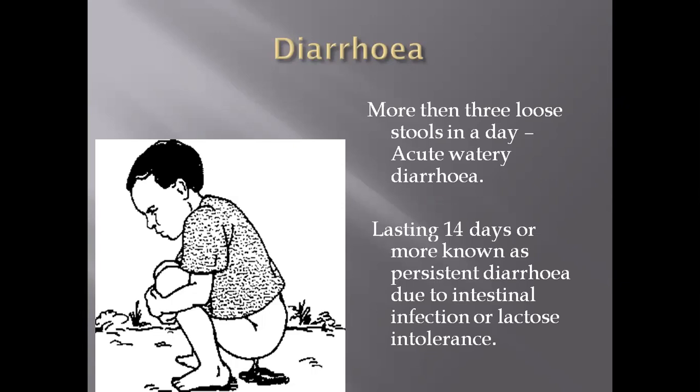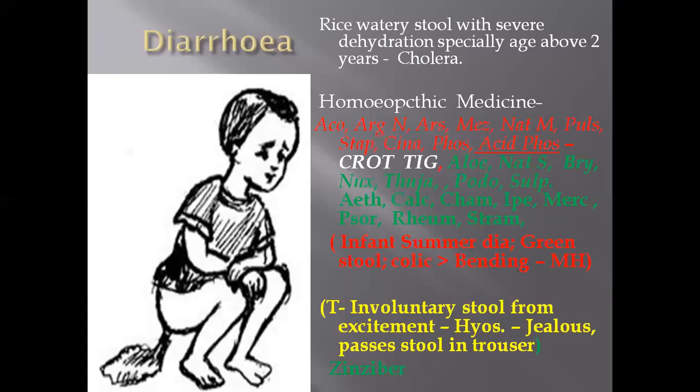If the baby suffers 2-3 stools continuously for more than 14 days, then you have to be alert. And when the baby suffers from rice watery stool with severe dehydration, especially above the age of 2 years, it is known as cholera.